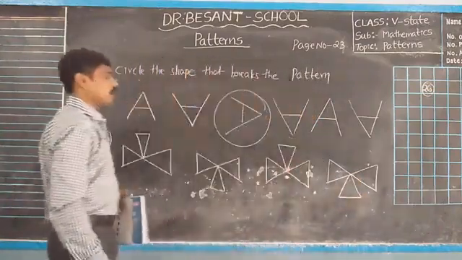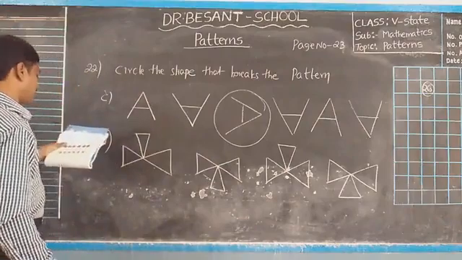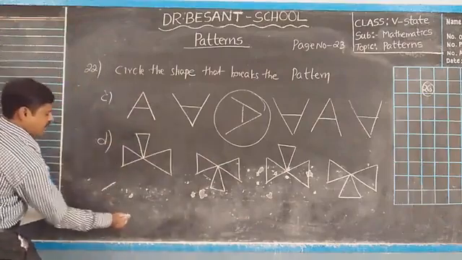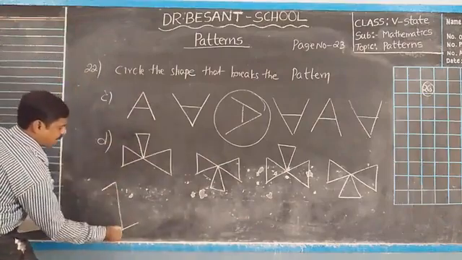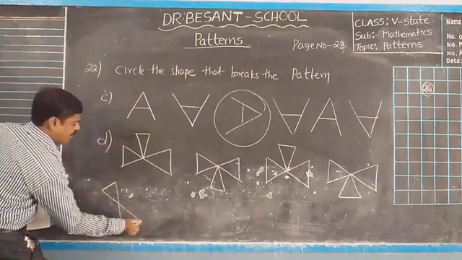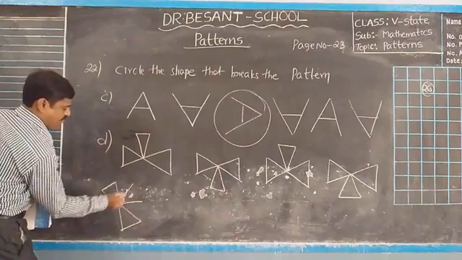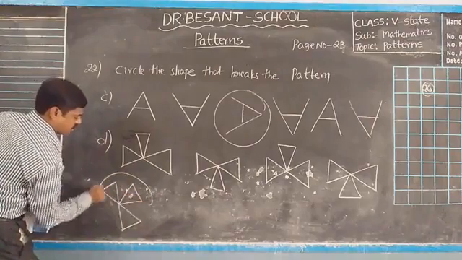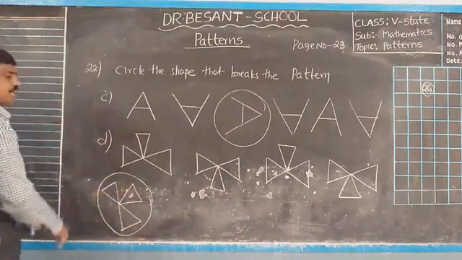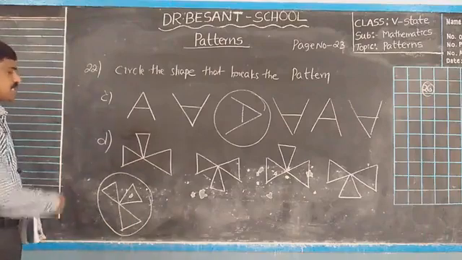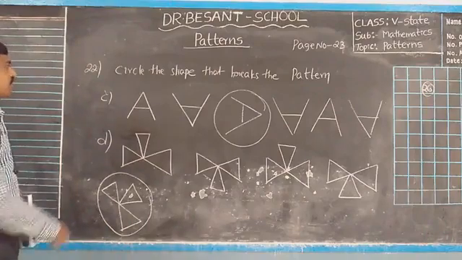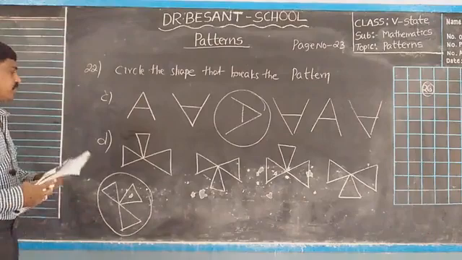So all four are perfect. But the last one, observe here. So this is a little bit cross. So this one we have to circle, the fifth one.